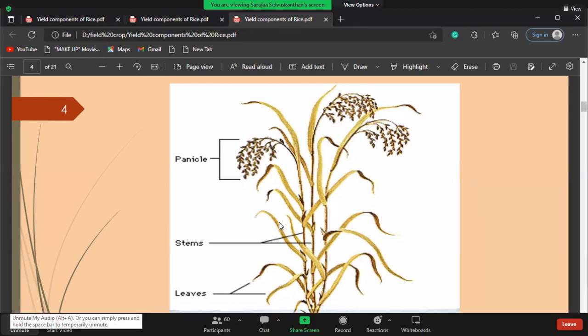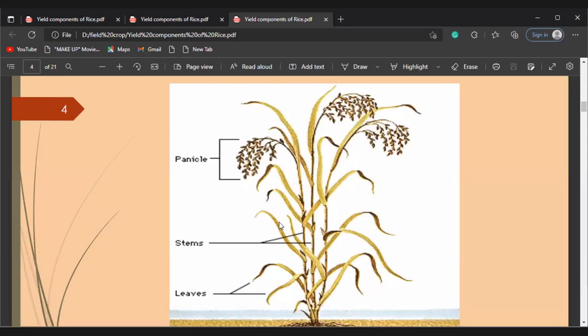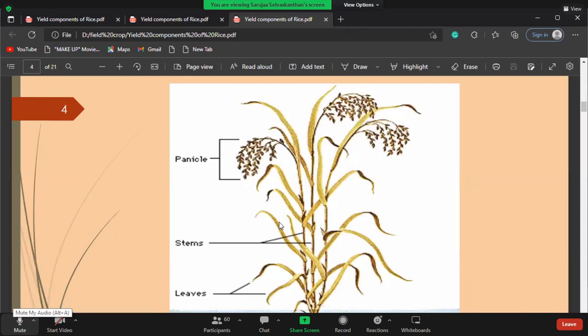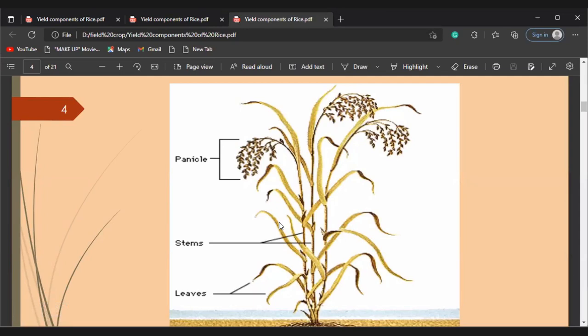By selecting a variety, what are the characters we have to look for? The variety should produce a high number of effective tillers. Then from the effective tillers there will be a high number of panicles formed.